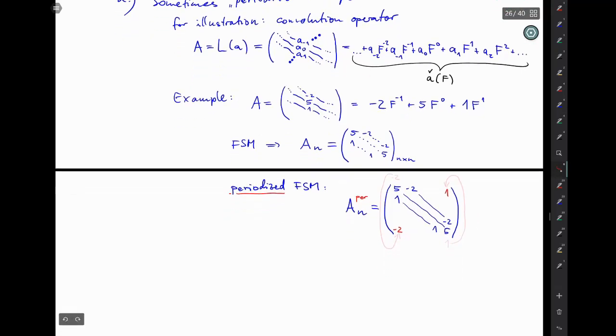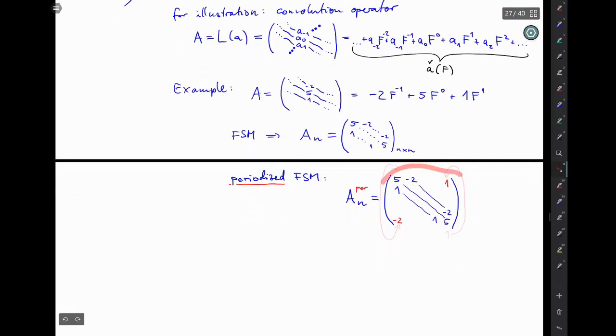And now the cool thing is that you can express this new periodized finite section matrix in a similar style as we did here. You just have to exchange F for something else.